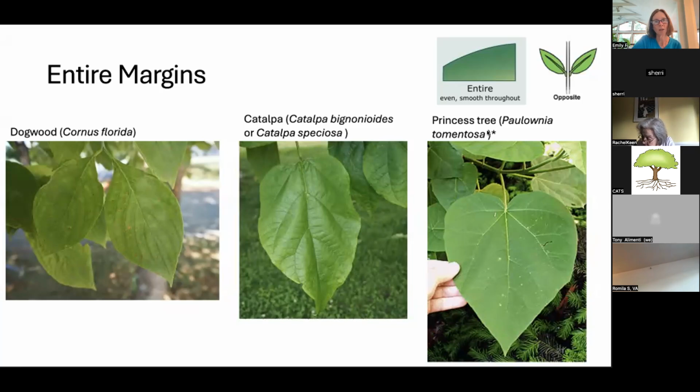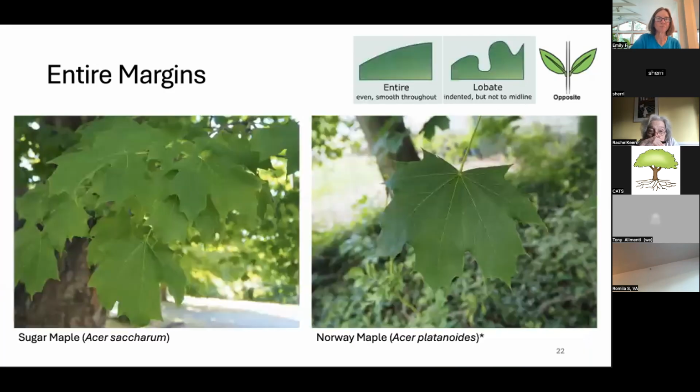And as you can see, we have that little star next to it, so that means it is a non-native or invasive species. And the last thing I wanted to throw in here is that sometimes our catalpa is listed as wavy. So I didn't want to ignore that piece.